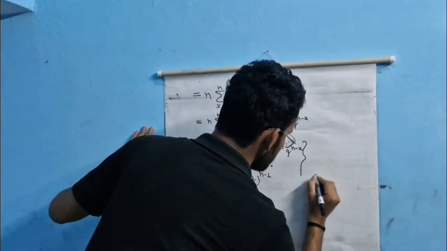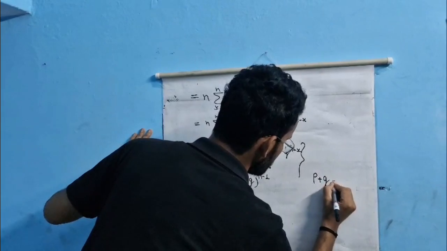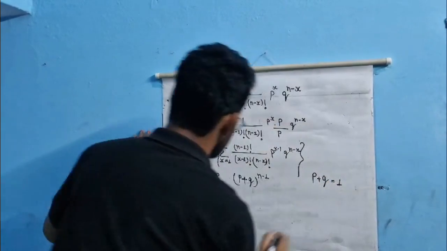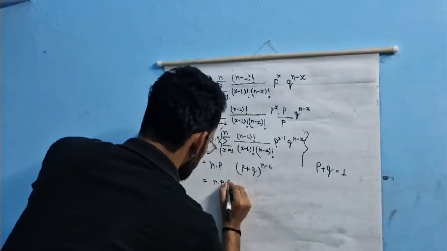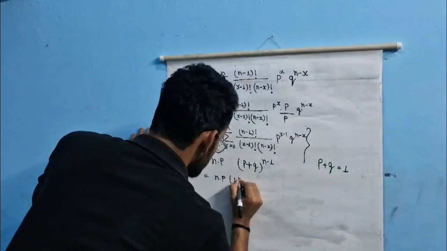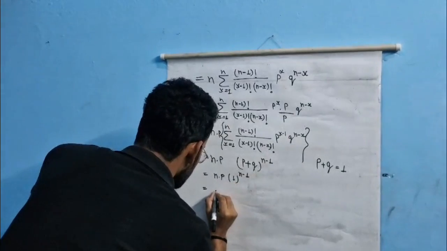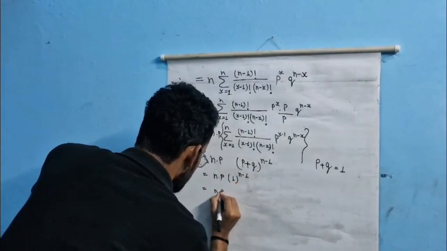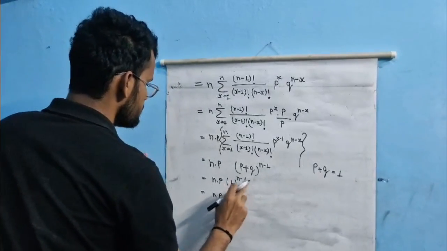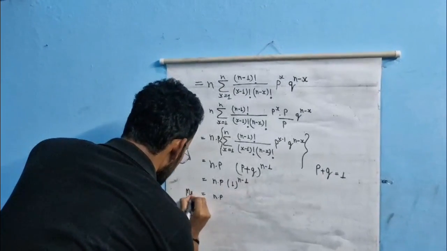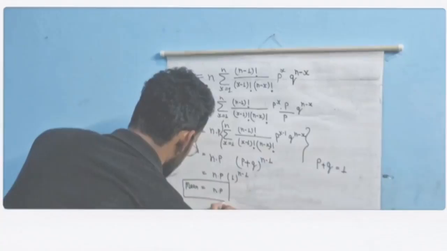We know that in binomial distribution p plus q is equal to 1. So n into p into 1 raised to the power n minus 1 is equal to n into p. 1 raised to the power of anything is always 1. So the mean in binomial distribution is np.